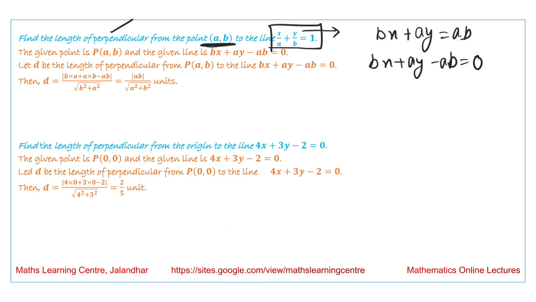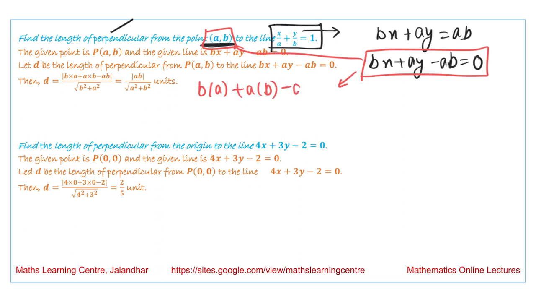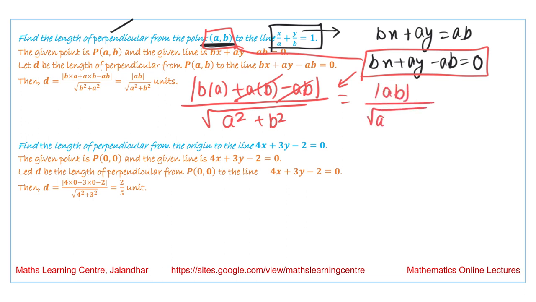So the distance of this line from the point (a, b) is given by mod of b into a plus a into b minus ab, divided by square root of a square plus b square. The ab gets cancelled, and we are left with mod of ab divided by square root of a square plus b square units. So this is the distance of this point from this line, and this also represents the length of the perpendicular.